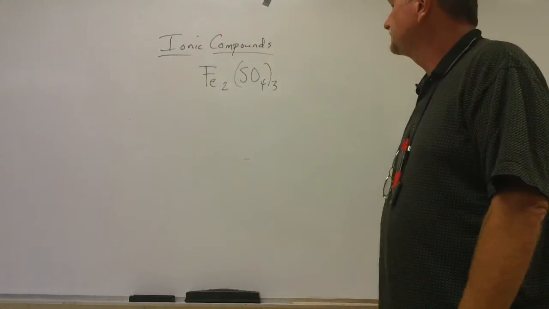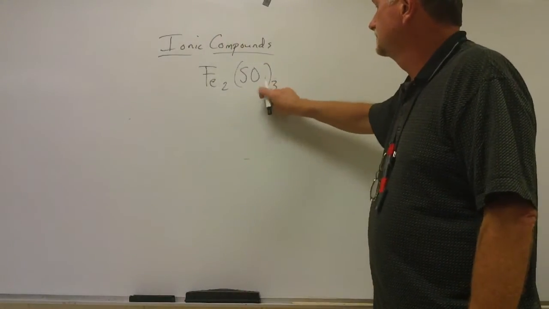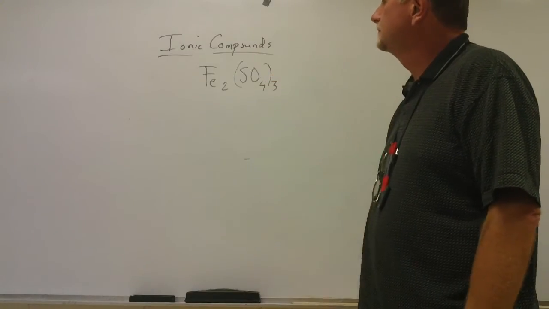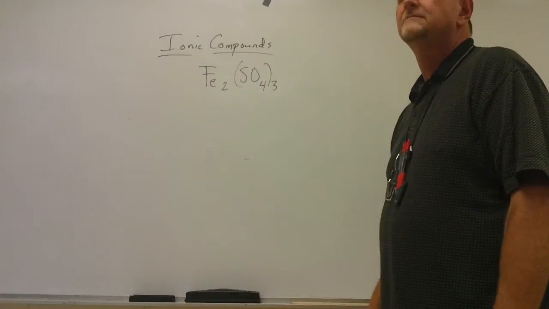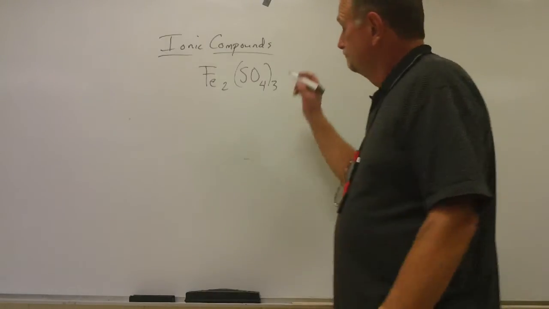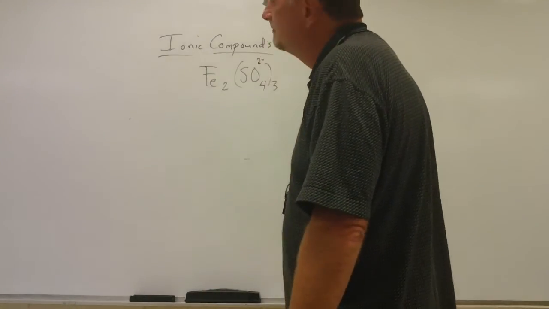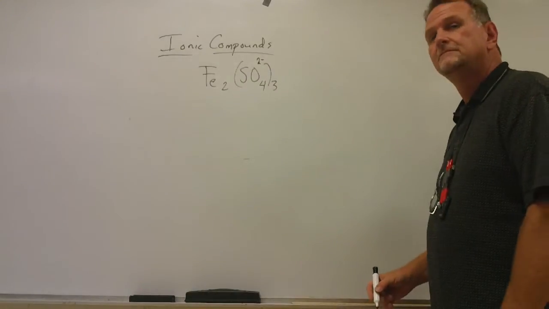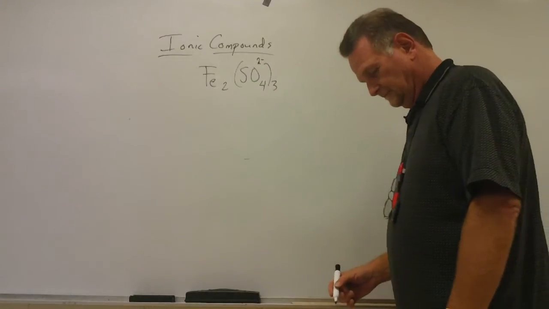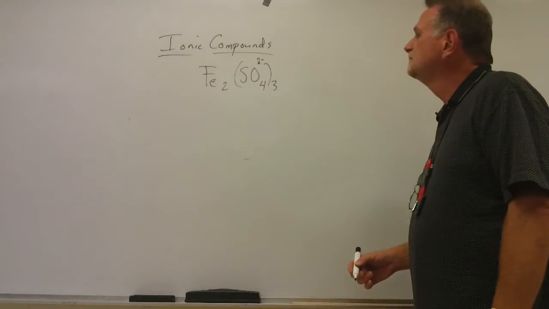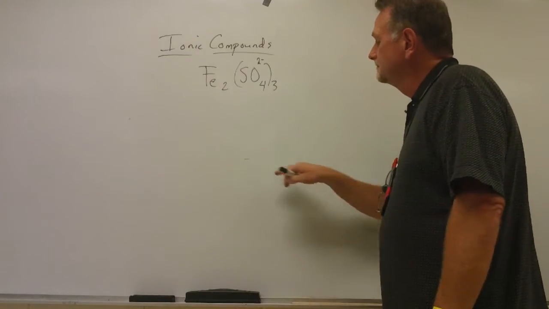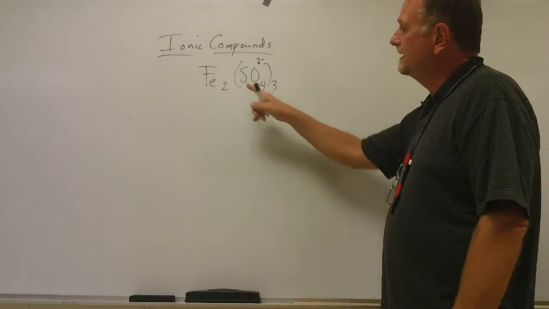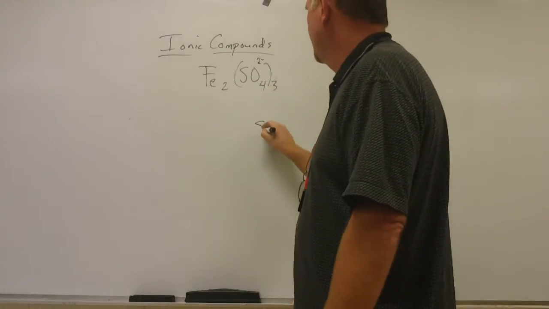That is the sulfate polyatomic ion that you're seeing in the parentheses with the 3 around it. Now what's the charge of a sulfate? It's 2 negative. Sulfate is a group of atoms, polyatomic, that has that charge: SO4 2 minus.